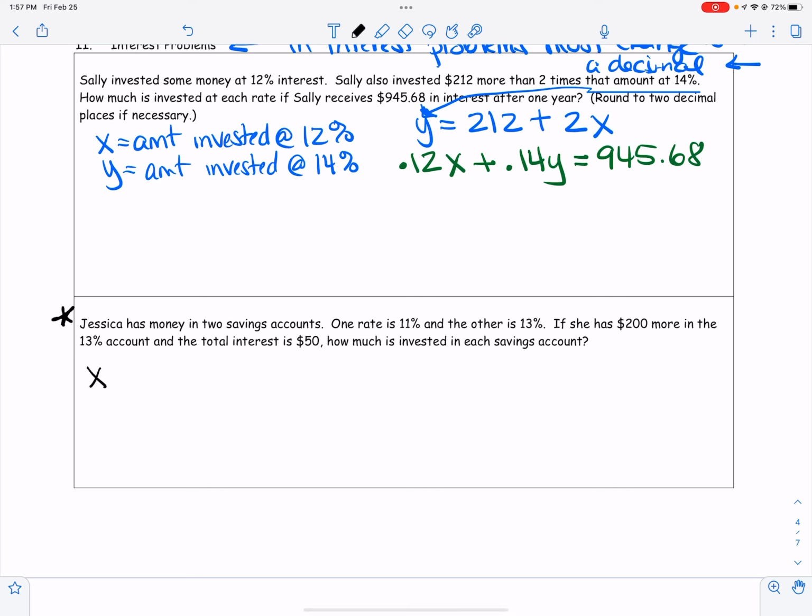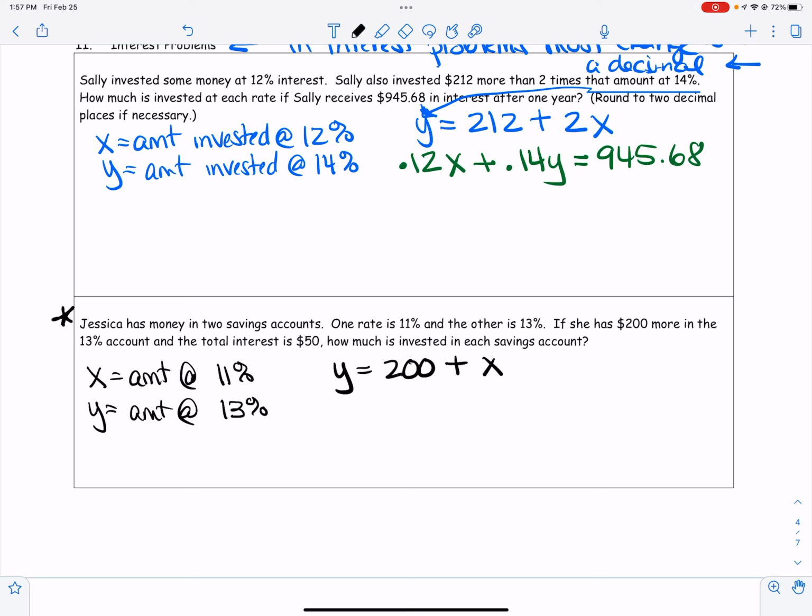So I'm just going to say x is the amount at 11%, and y is the amount at 13%. We have to be careful because it says she has $200 more in the 13% account. So the 13% account was y, and she has $200 more than what she has in the other account.